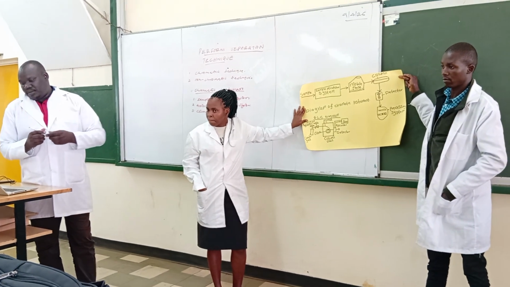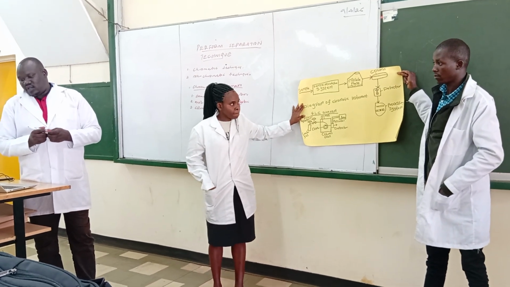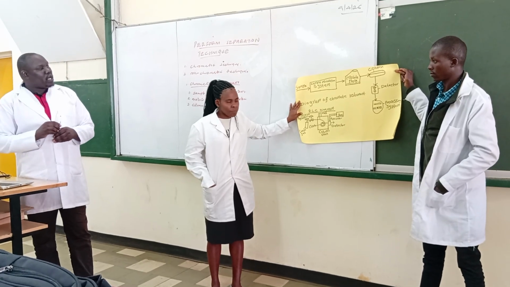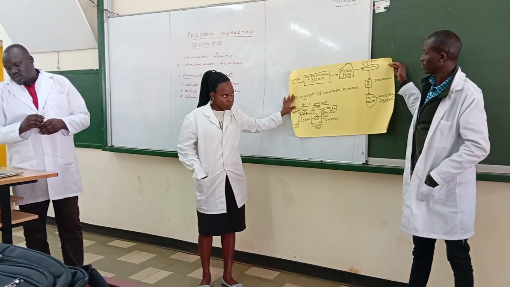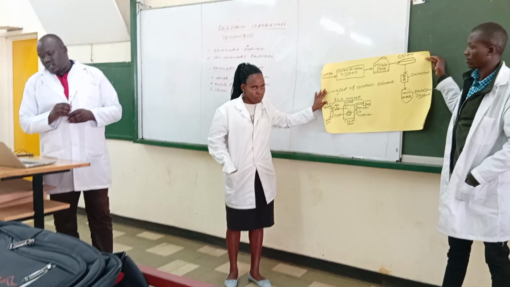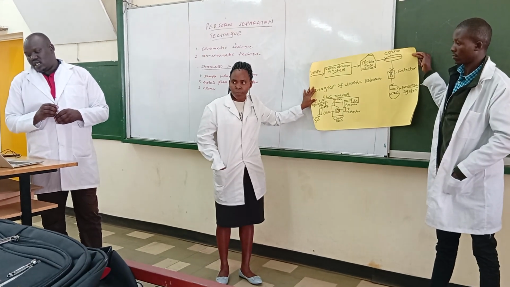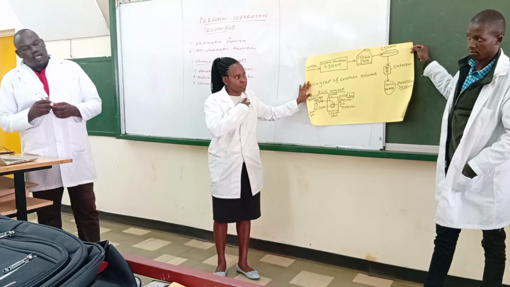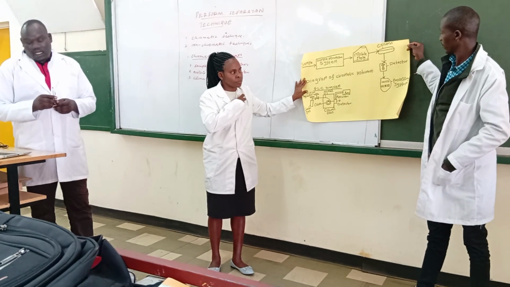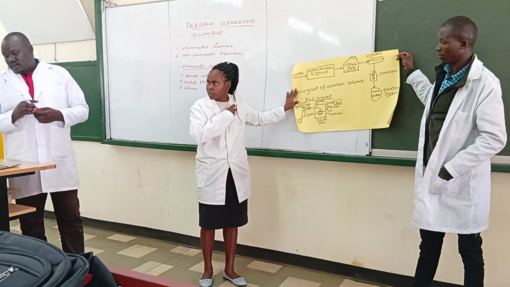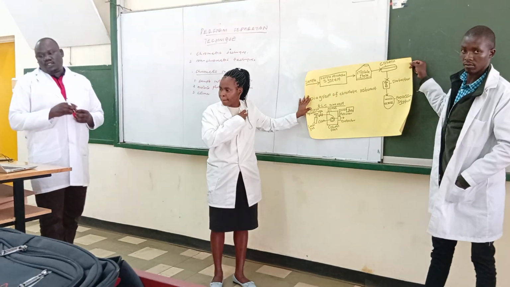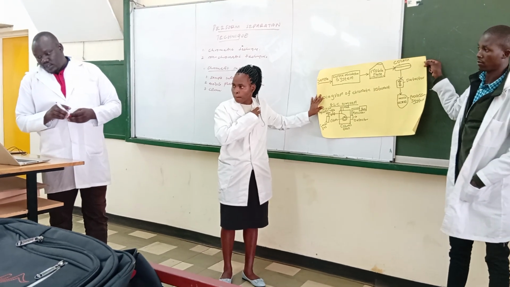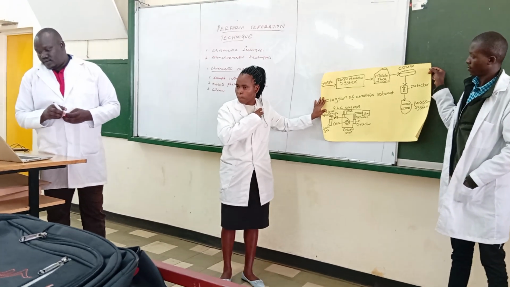There are types of columns: packed columns, which support a solid coated with stationary phase, or capillary columns for higher resolution gas chromatography. Another type is reverse phase or normal phase columns, used for liquid chromatography.